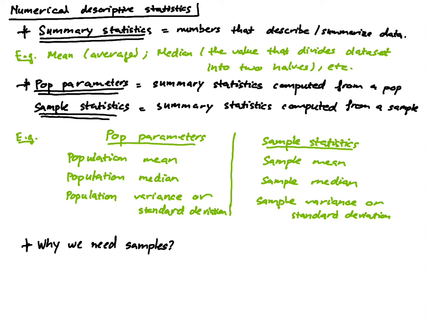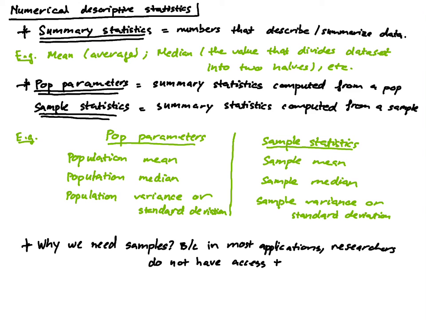The answer to this question is pretty straightforward, which is that in most applications we don't have access to the population of interest.